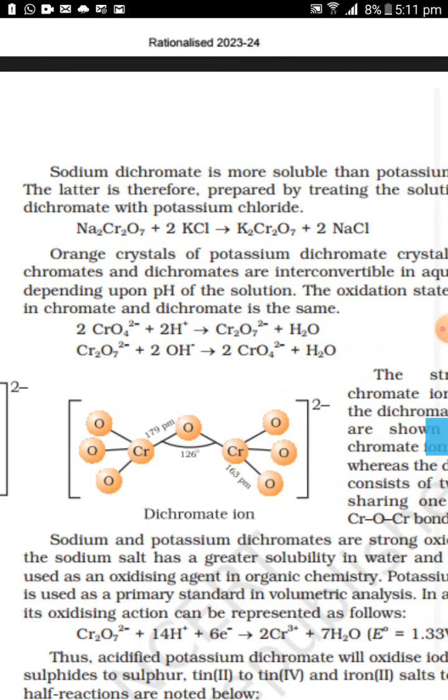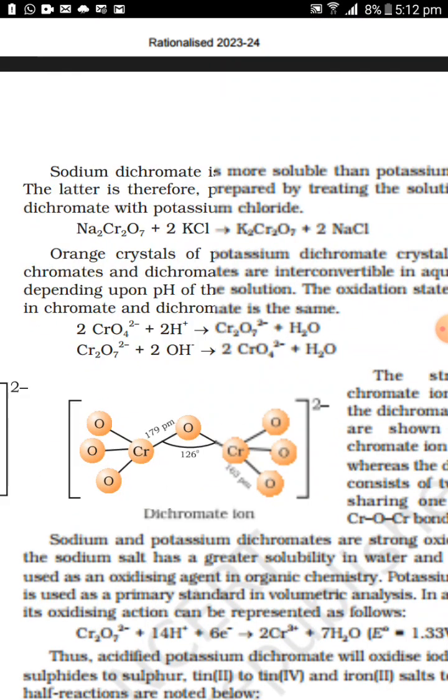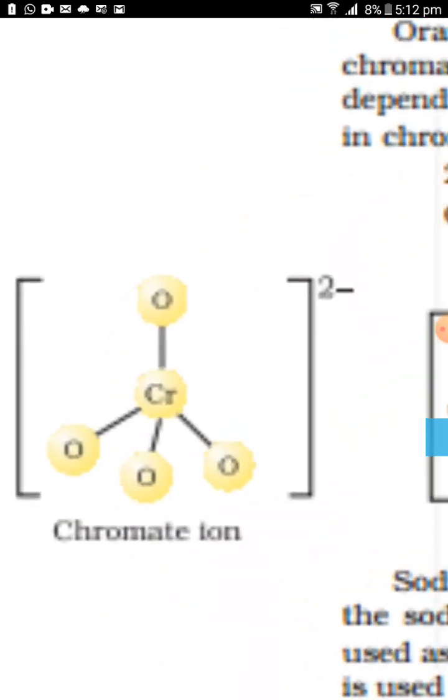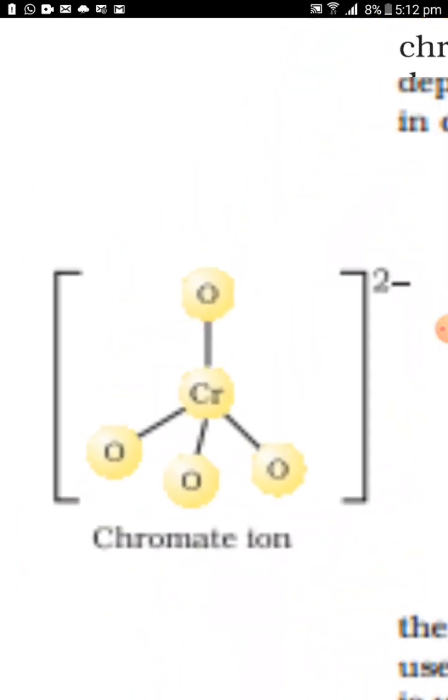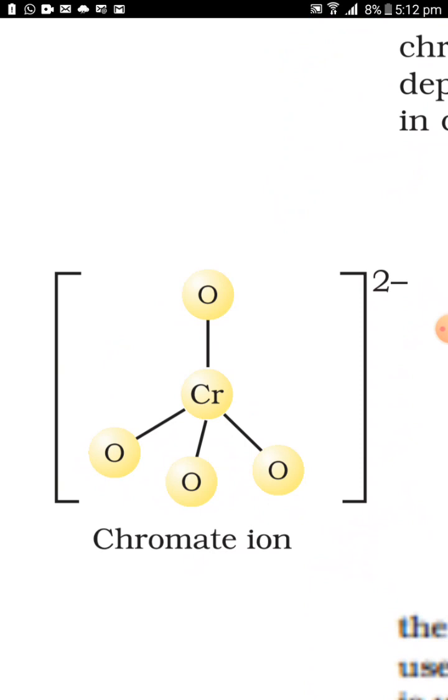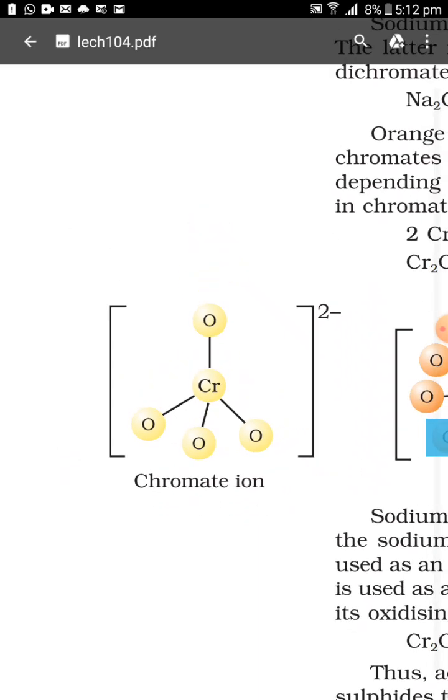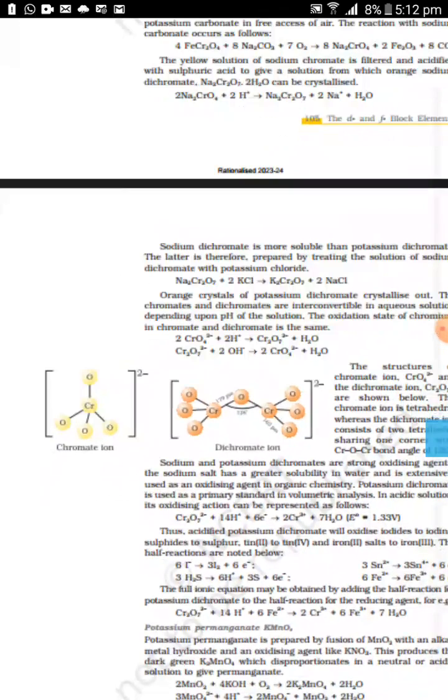As you can see on this screen, this is the dichromate ion and this is the chromate ion. That's a tetrahedral structure. As we are well aware, the methane structure is tetrahedral. Similarly, the chromate ion has a tetrahedral structure.